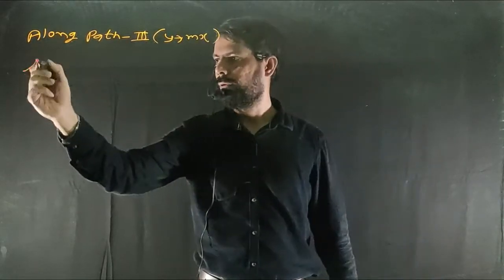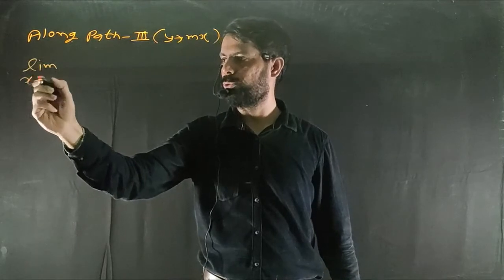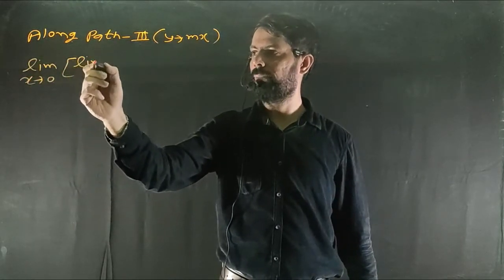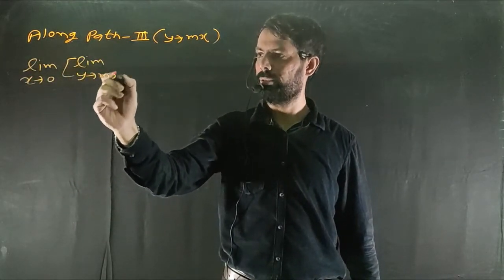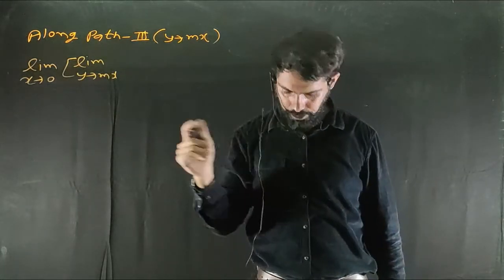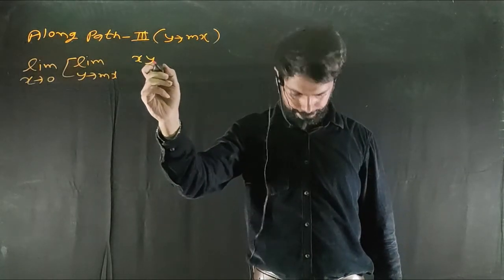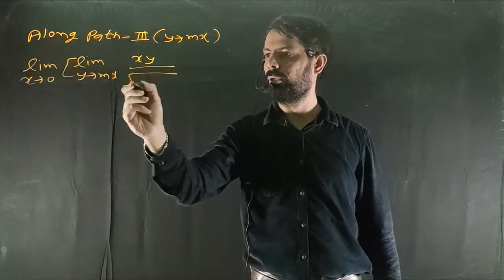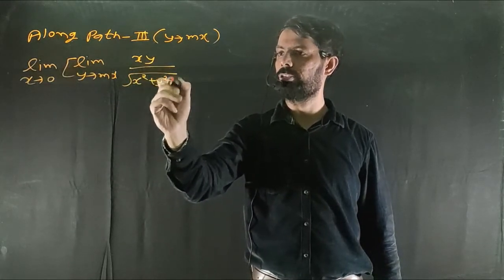So here we will write down limit x tends to 0 in bracket limit y tends to mx. And what is function? It is xy divided by under root x square plus y square.